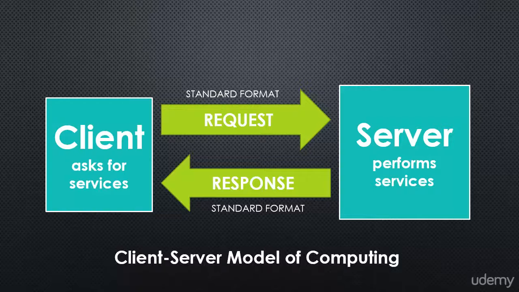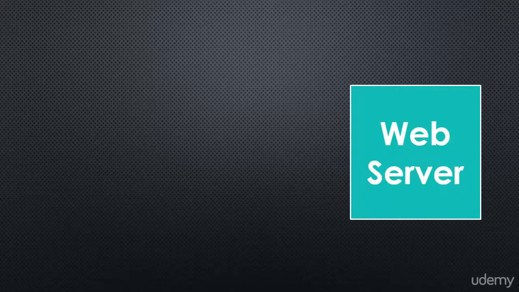Now, this standard model of request and response in a standard format between client and server exists in one of the most popular means of using this model, that is the internet. So we are used to talking about a web server, that is a computer connected to the internet that is accepting requests for work or data and is then providing responses.